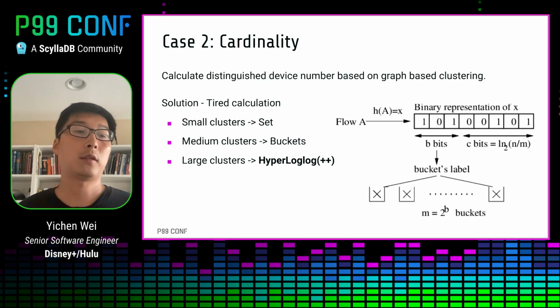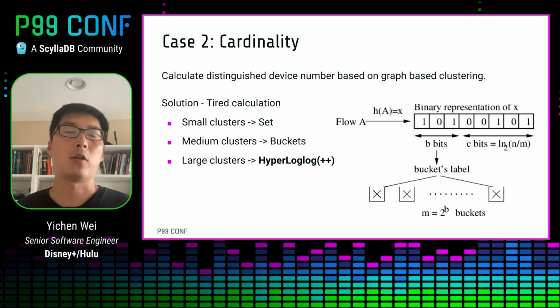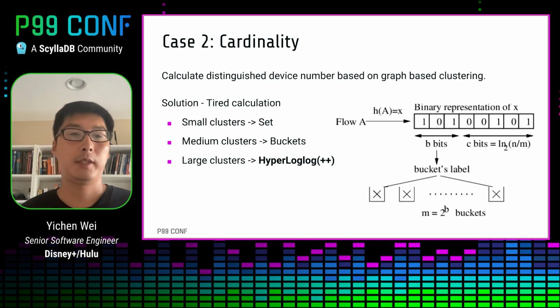So why is it called HyperLogLog? Because the space usage could be log cost based on this algorithm. Meanwhile, we can have a relatively accurate result based on this architecture.